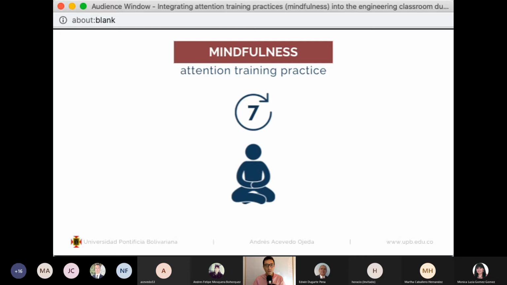See if you can notice the next breath from the moment it arises for its full duration until the end.